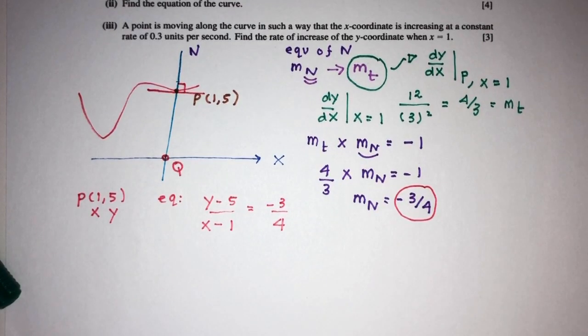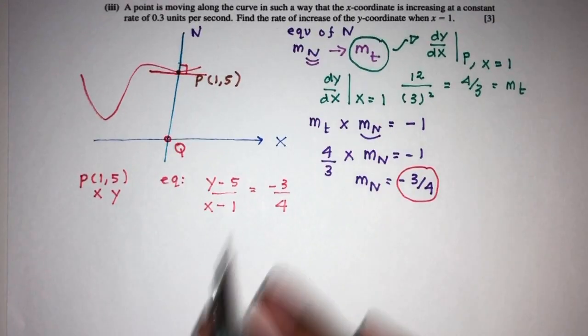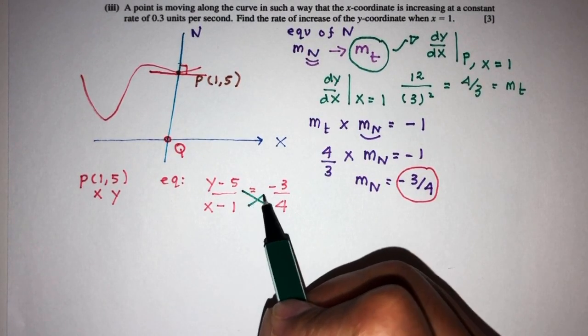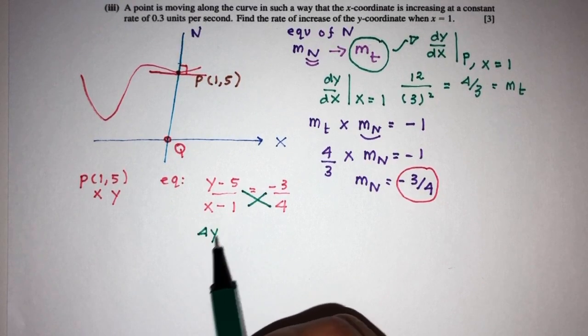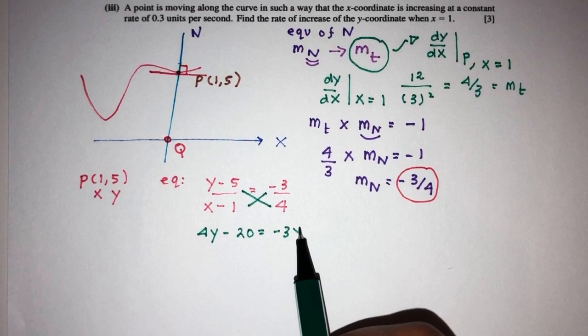Now, this is definitely just one way to find the equation of the line. This is the method that I prefer to use, so it's up to you if you want to use this method to find the equation of a straight line. Now we can just cross multiply. You will have what? 4y minus 20. That will be minus 3x plus 3.